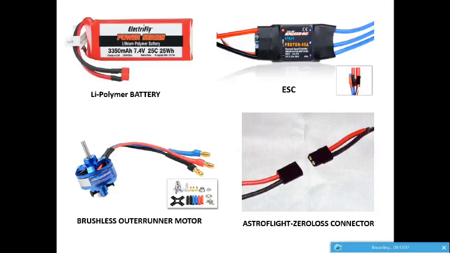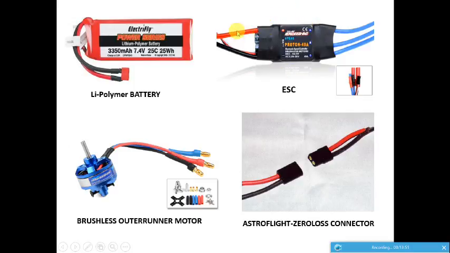Since we don't have brushes in contact with a commutator, we need to provide commutation, or change in the direction of flow of signal, using these 3 phase wires. The electronic circuitry in this ESC serves that purpose. Another main function is that it can change the speed by changing the amount of current flowing through these wires, so the thrust of the aircraft can be varied using the electronic speed controller.